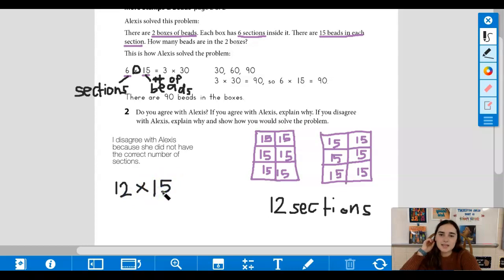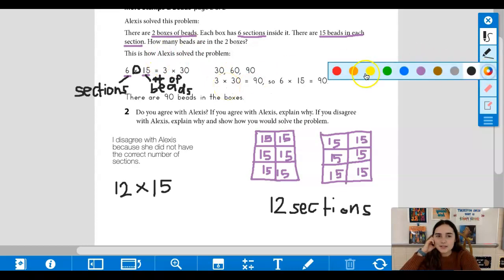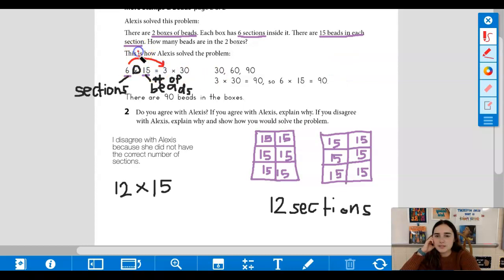All right? And if we look at her work, we can see that she used the doubling and halving strategy. So to get from 6 to 3, she divided by 2. She halved the number. And then with the other number in the problem, you have to double it.